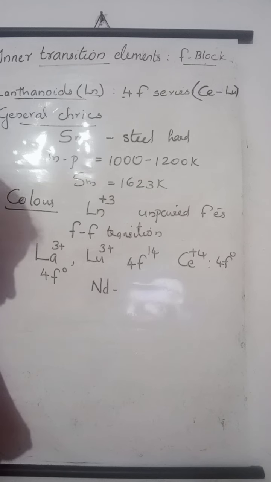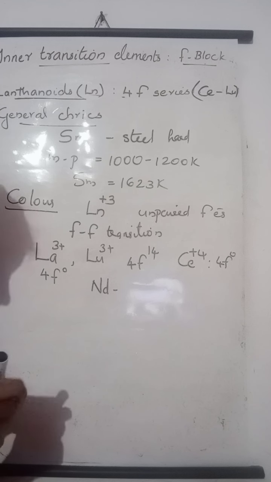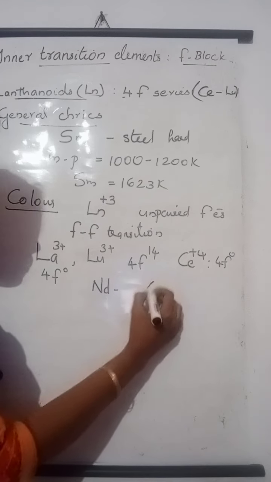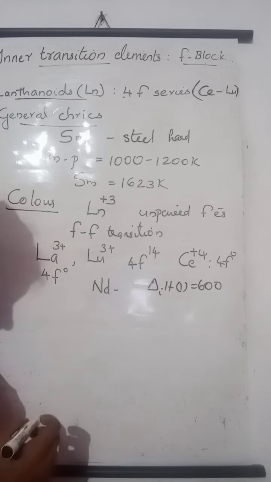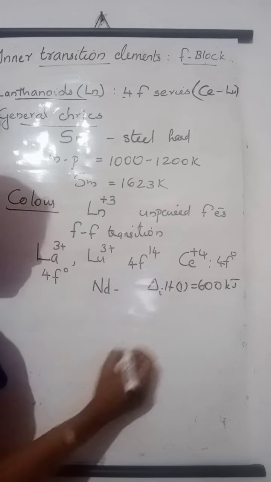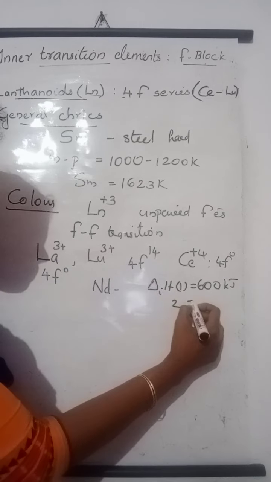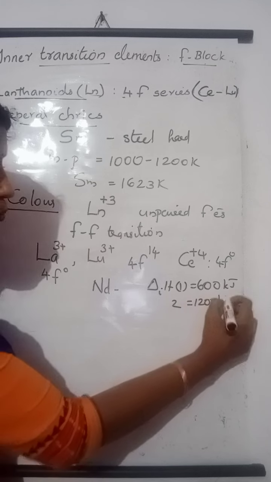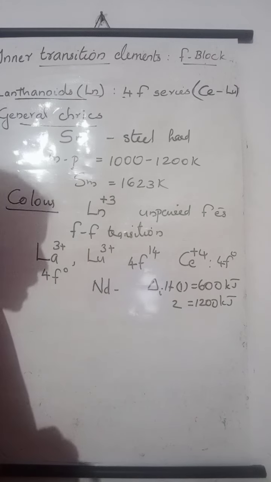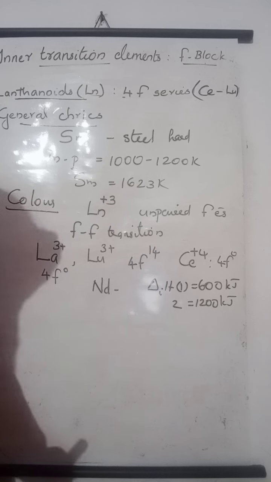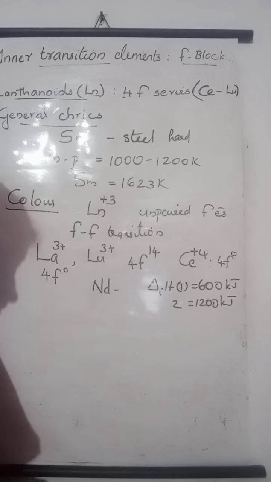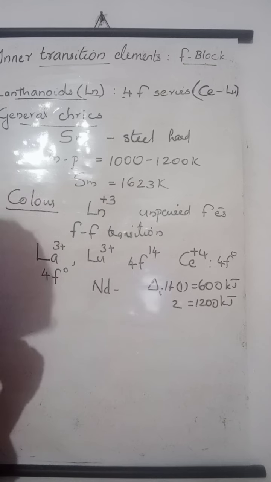The first ionization enthalpy of lanthanoids, delta Hi1 of lanthanoid, is 600 kilojoule per mole, and the second ionization enthalpy is 1200 kilojoule per mole. It is comparable with the ionization enthalpy of calcium. So, lanthanoid elements resemble in their chemical behavior calcium and other alkaline earth metals.